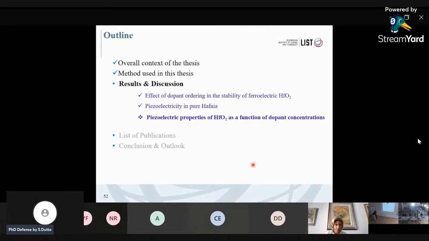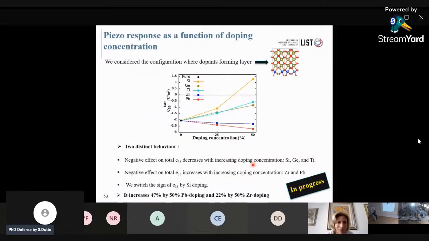So again, I went back to the study I started with: piezoelectric properties of hafnia as a function of dopant concentration. Let's see if I can show you something. So yes, finally we have obtained some results in this study. Here we consider isovalent dopants, and you see that the dopants show very different behavior. This study focuses on the dopant configuration where dopants form a layer.